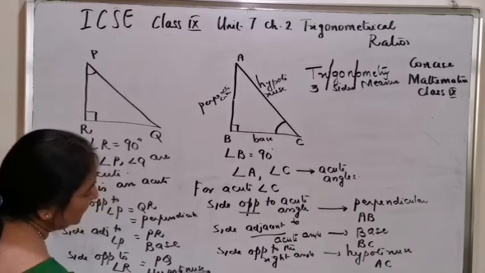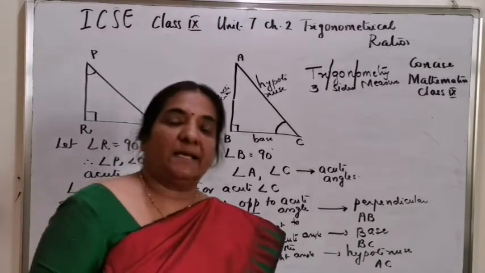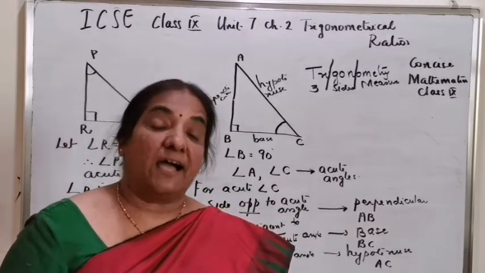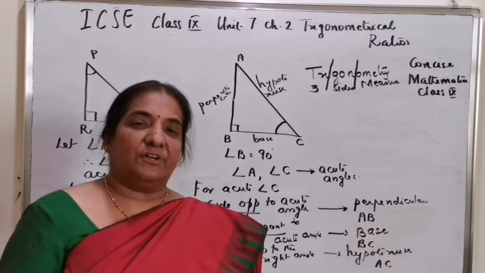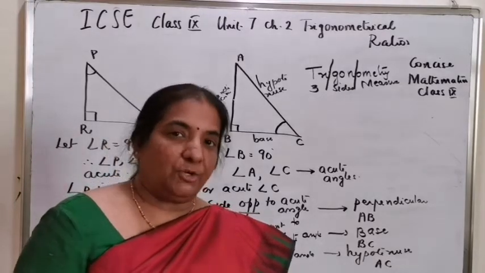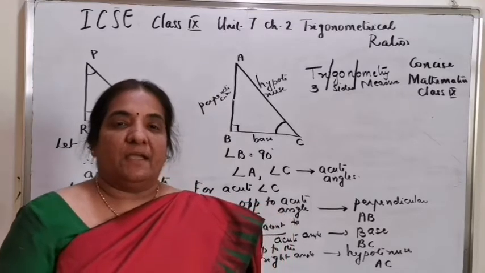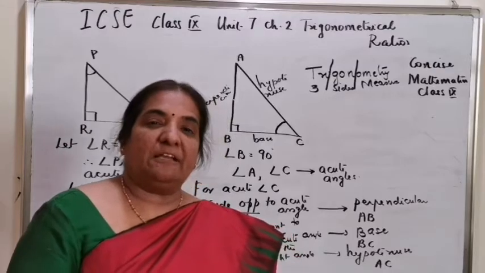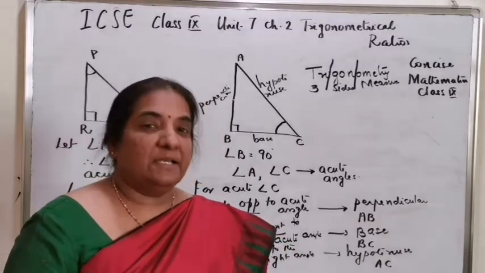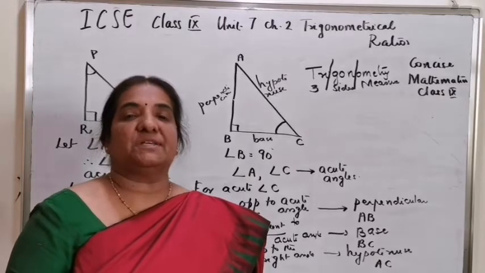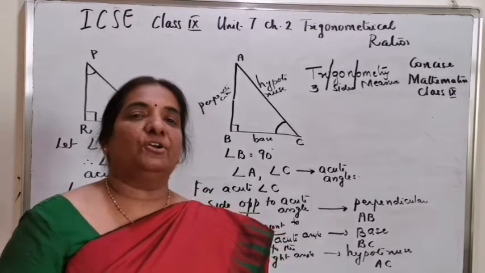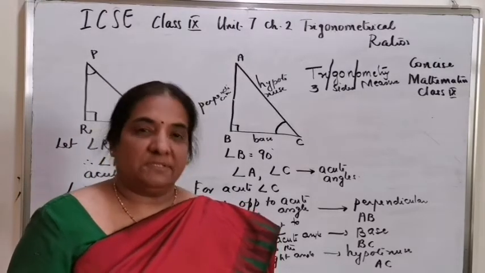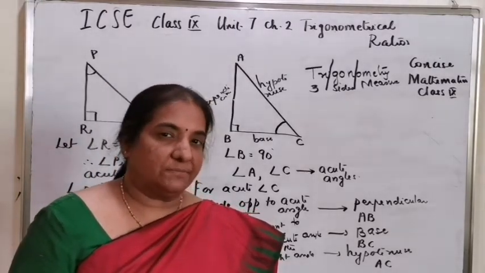So now you understood how to take the perpendicular, the base, and the hypotenuse when a right triangle is given to you and the acute angle concerned. After knowing to find the perpendicular, base and hypotenuse, the trigonometrical ratios are defined based on those sides. Let's go in detail about the trigonometrical ratios.